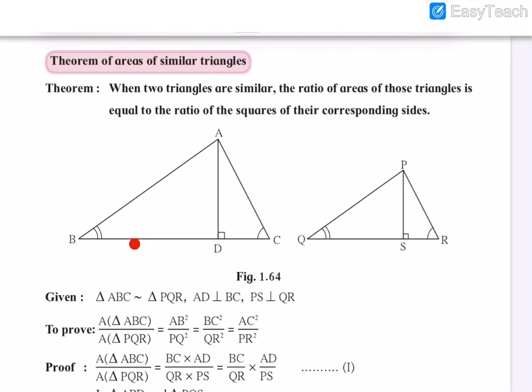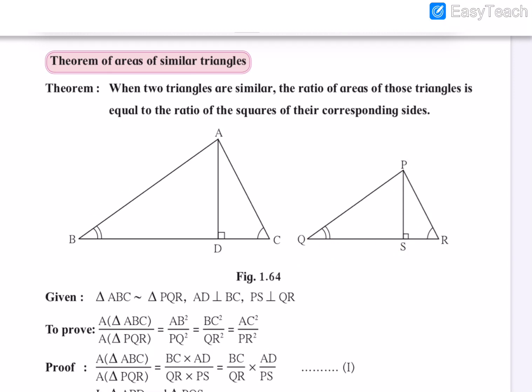We are given two triangles, ABC similar to PQR. So two triangles are similar, and it is also given that AD is perpendicular to BC. So a perpendicular AD is drawn in the first triangle to its base BC, and another perpendicular PS is drawn in the second triangle PQR to its base QR.